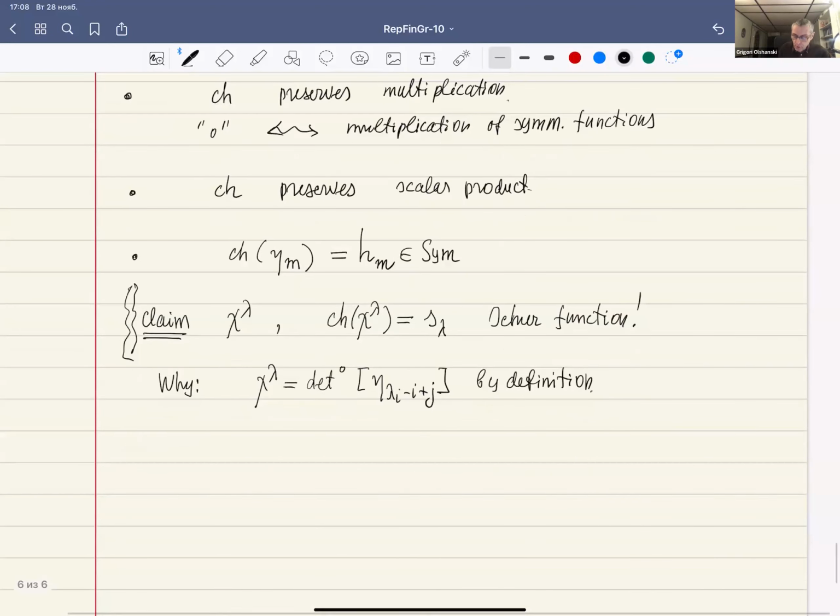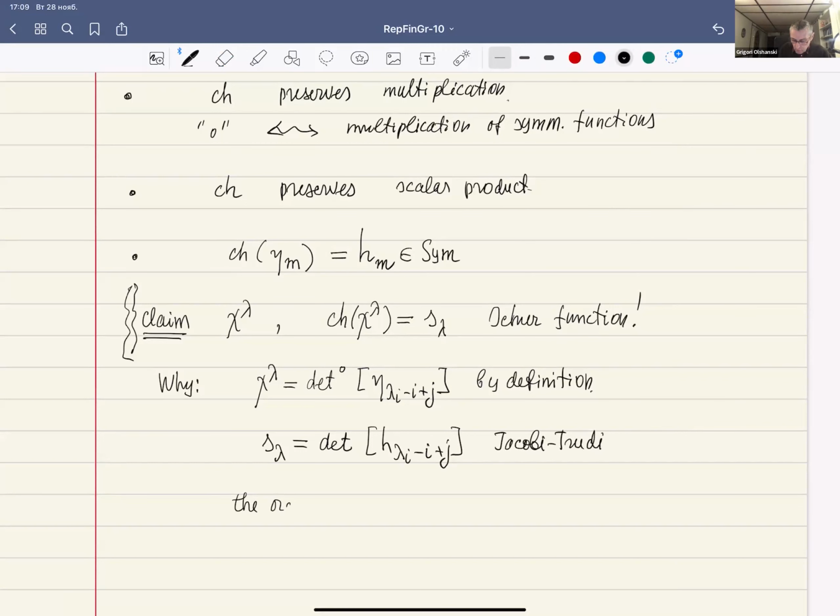On the other hand, we know that the Schur symmetric function can be given by a very similar determinant. This is Jacobi-Trudi. The order of this determinant in both cases is k, any number satisfying this restriction in both cases.